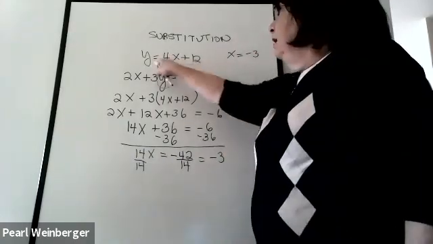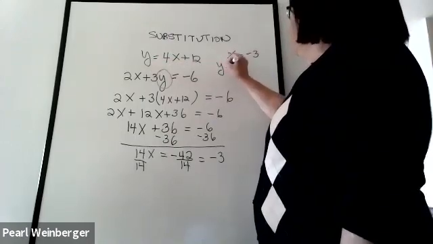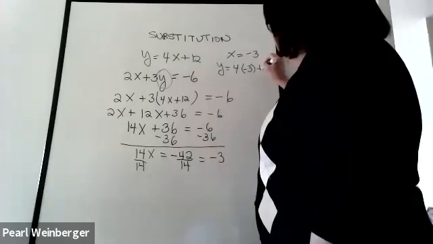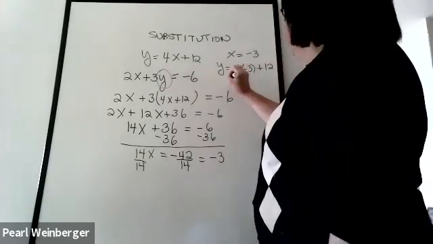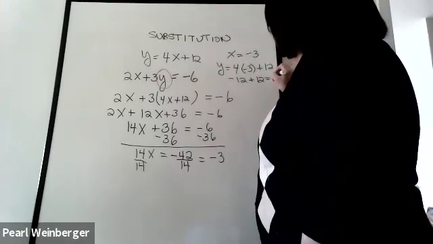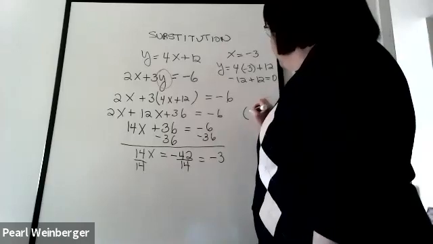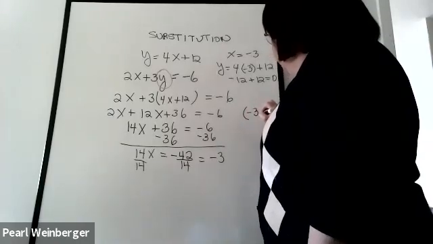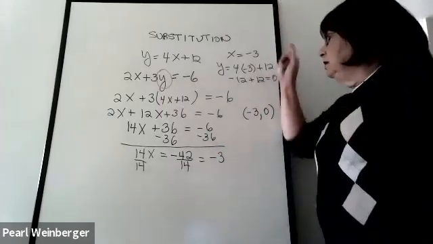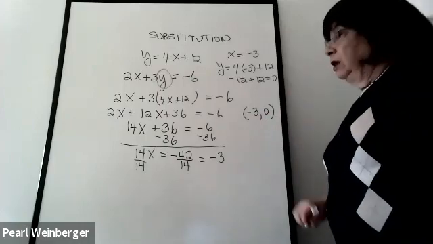And since y equals 4x plus 12, y is going to be equal to 4 times -3 plus 12, which turns out to be -12 plus 12, which equals 0. So the system of equations has the solution (-3, 0). It doesn't matter that one of the answers is 0. The x is -3, the y is 0.